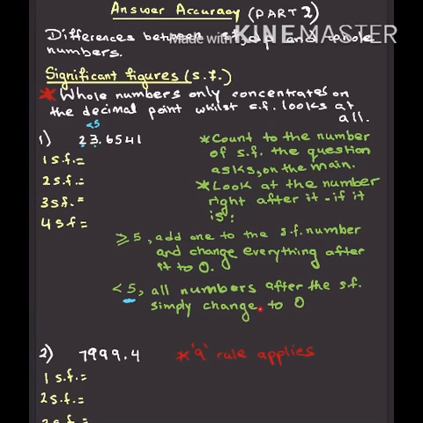This is a really important thing. The SF number is the 2. All numbers after it simply change to 0. So these are all the numbers after it, and they will change to 0 like this.